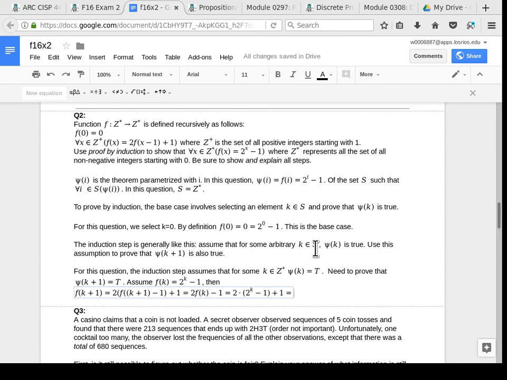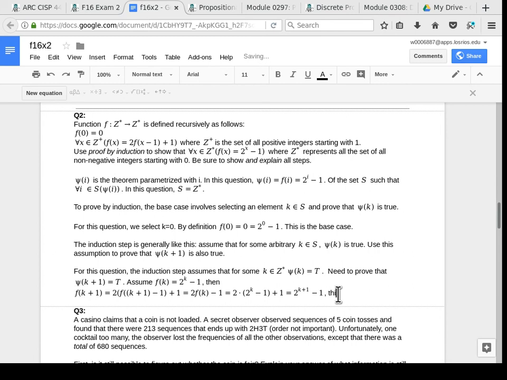Now that we have this one, we can combine these two. 2 times 2 to the power of k combines to 2 to the power of k plus 1. Then 2 times negative 1 is negative 2, and then plus this 1, so we have a net of negative 1. That's the end of the proof, because what we want to prove is that f of x, in this case x is k plus 1, is 2 to the power of x minus 1, and we proved it.